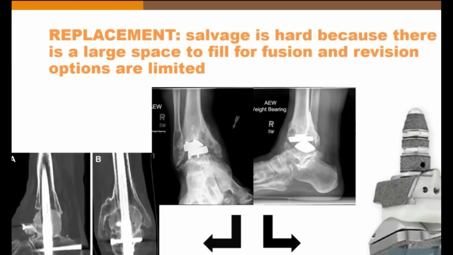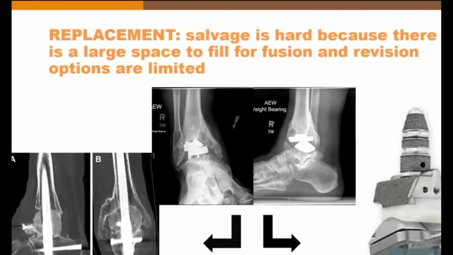There are two main options for aseptic failure of total ankle arthroplasty. If we go down the road to the left, it can be converted to fusion. Typically, that fusion involves fusion of the subtalar joint as well, as is the case in the images shown on the left.